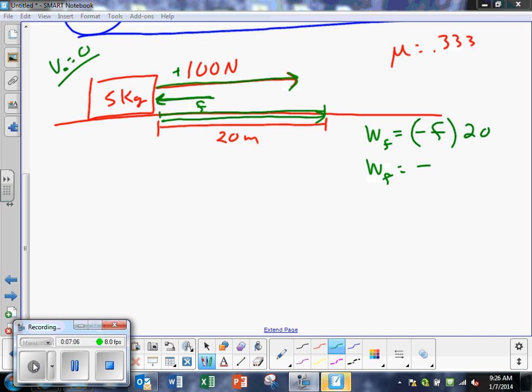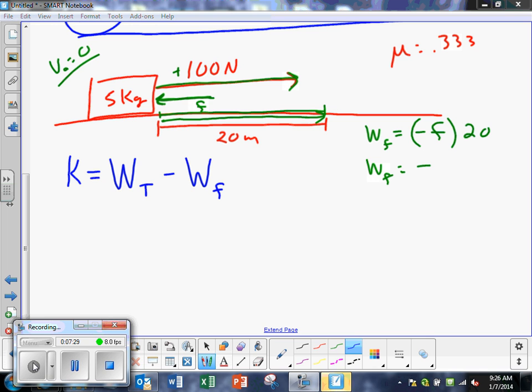Okay? So we want to talk about this in this big equation form. The kinetic energy is equal to the work that's done by the tension minus the work of friction.